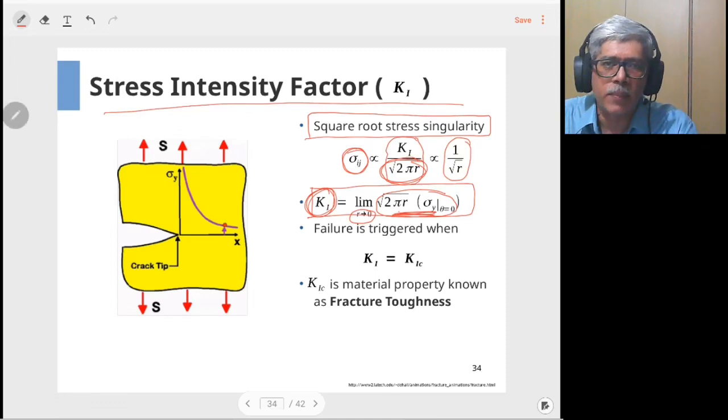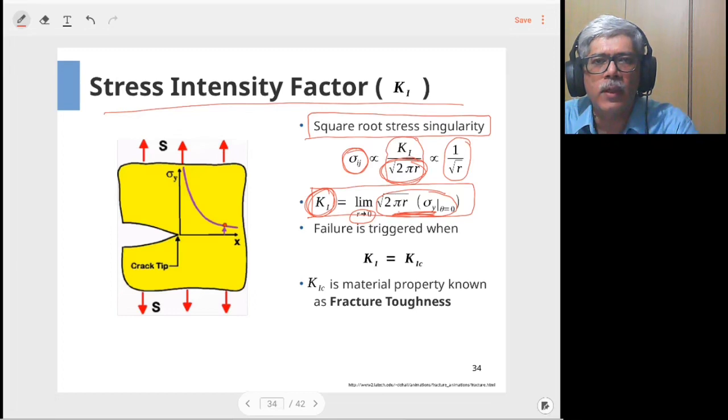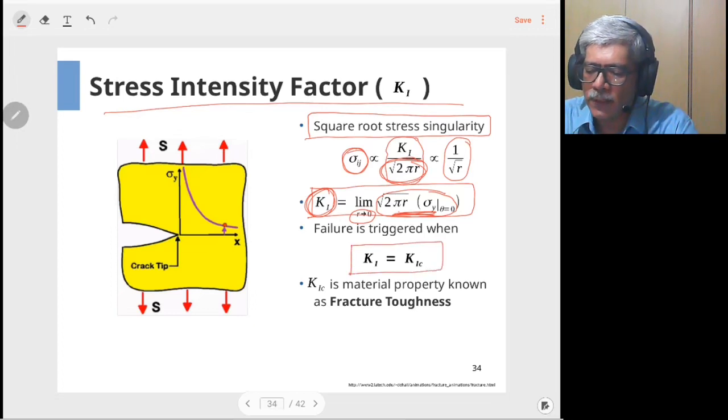What is the use of this approach? How to obtain the stress intensity factor we are going to discuss next. But assuming that one obtains this stress intensity factor for whatever case is under consideration, how do we proceed further? That is the equation which is given next. So that is the design basis for fracture mechanics.